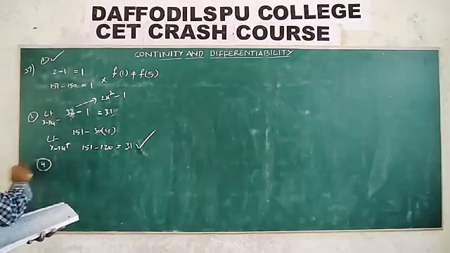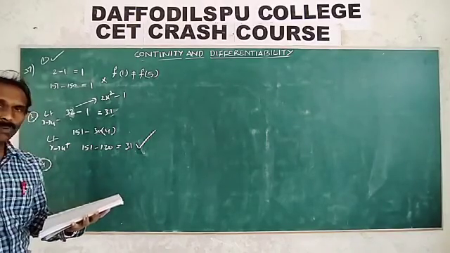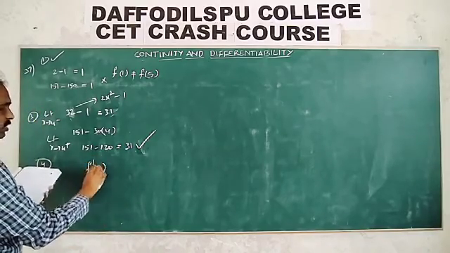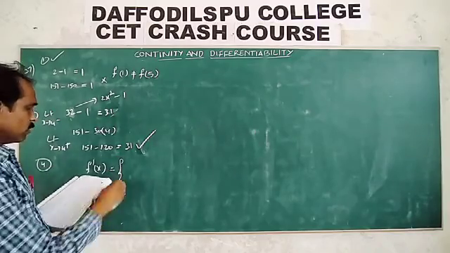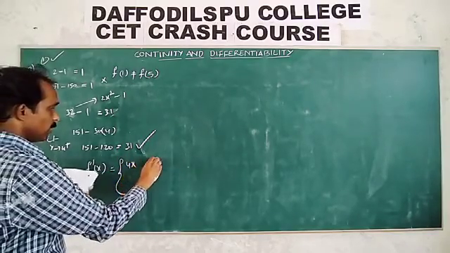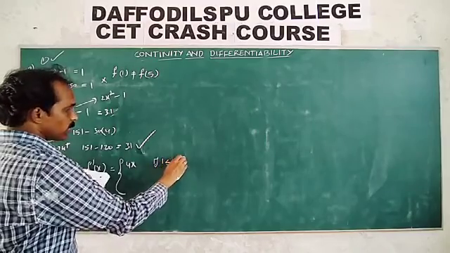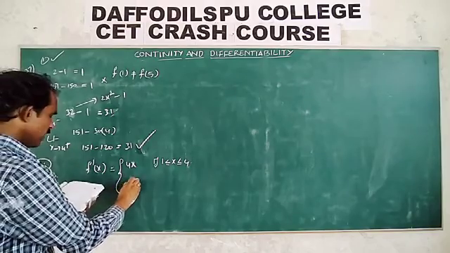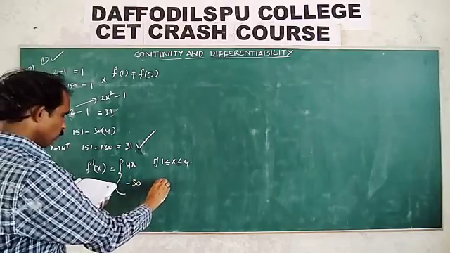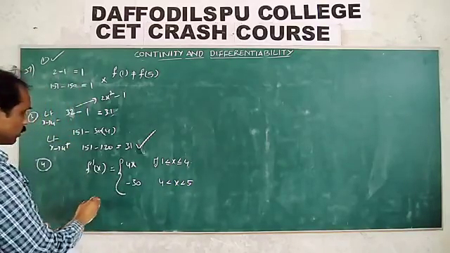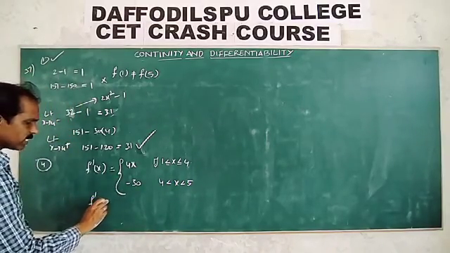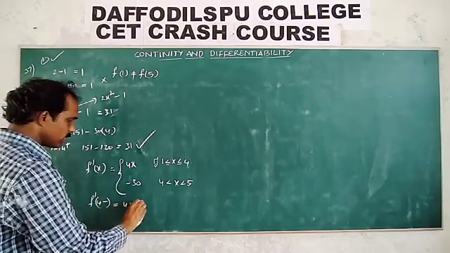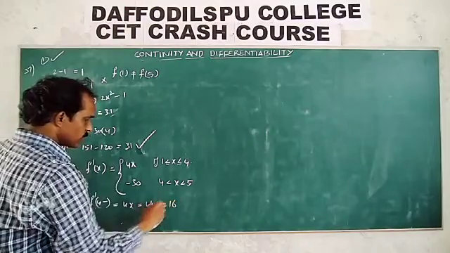Next, fourth option: f of x is not differentiable at x is equal to 4. Differentiable means suppose we take f dash x. Differentiating, we get 4x if 1 is less than or equal to x less than 4, on the left of 4, and minus 30 on the right, where 4 is less than x less than 5. So f dash 4 minus, what is the function? 4x, so 4 times 4 is equal to 16.